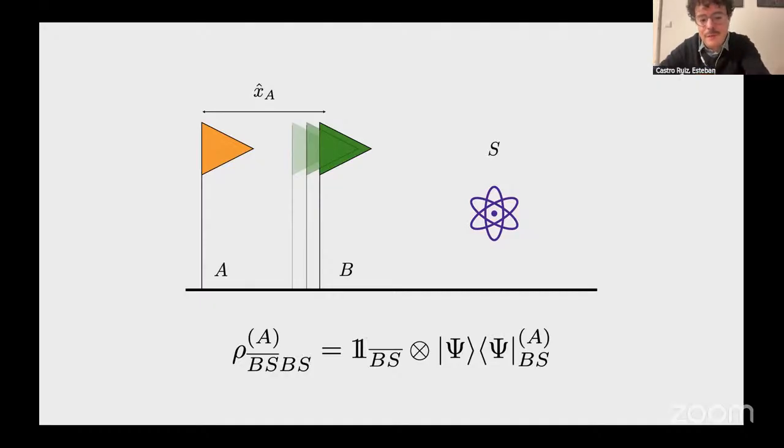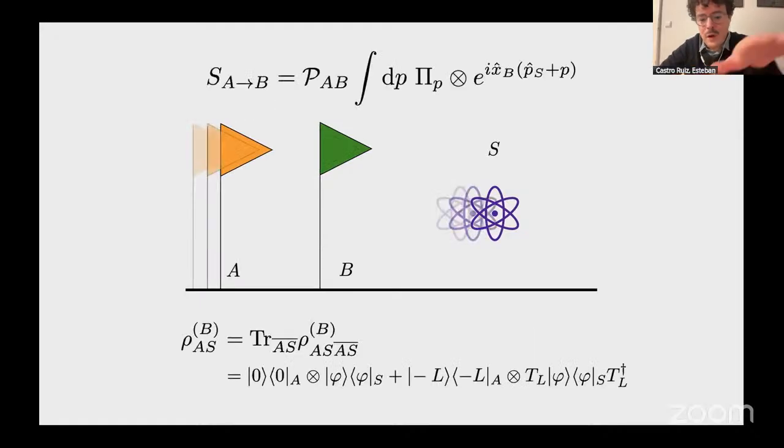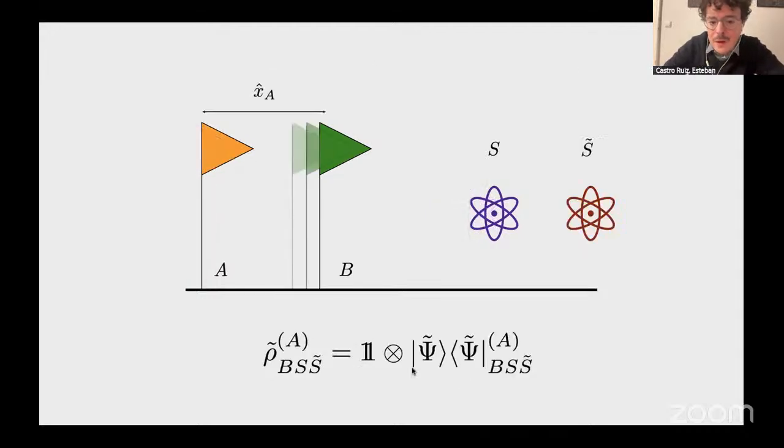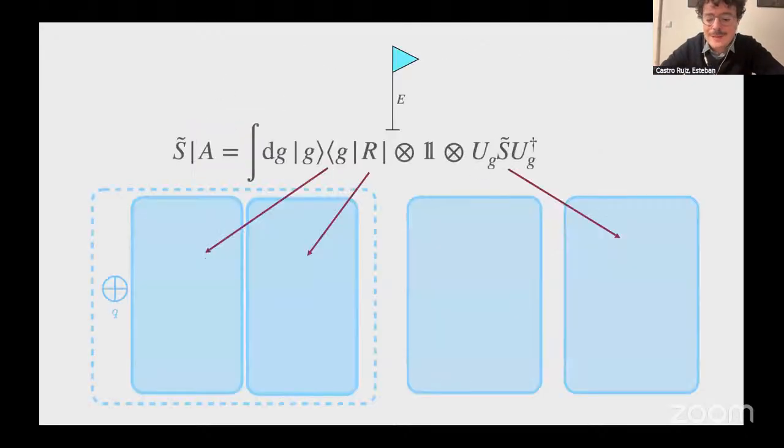It turns out that if you put this extra particle into the game and consider it as an extra subsystem, then no matter whether you have S or S prime or S tilde, sorry, S double tilde, no matter what else is out there, whenever you trace out whatever else you have out there, so that you look only at S relative to A and B relative to A, in particular you have to trace out this extra particle's degrees of freedom, you obtain exactly the same state.